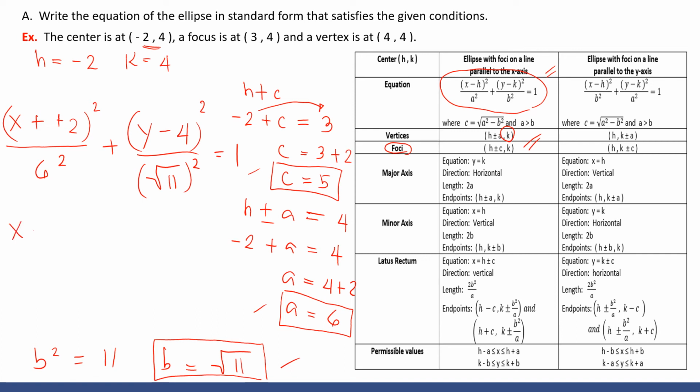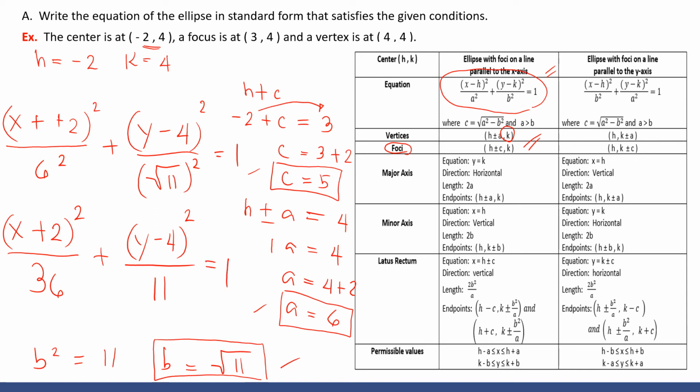So we have here x plus 2, quantity squared all over 6 squared, that is 36, and then plus y minus 4, quantity squared all over square of square root of 11 is 11, and then equals 1. So lumalabas, eto ngayon yung ating hinahanap na equation.